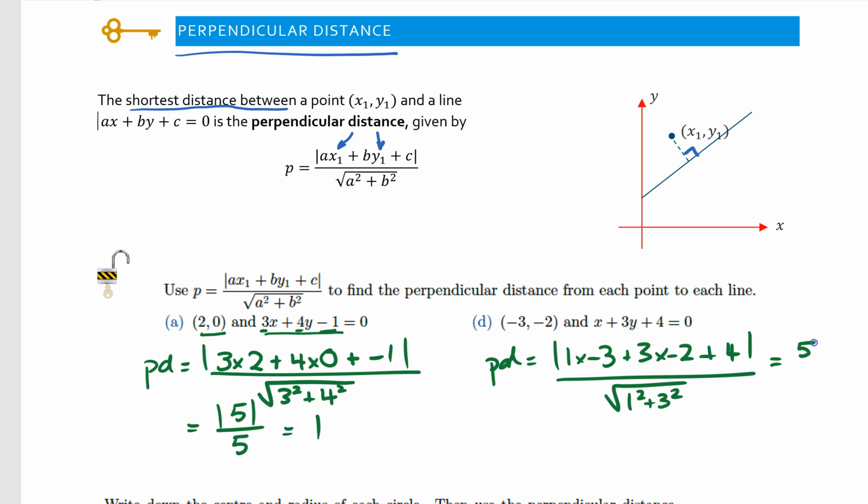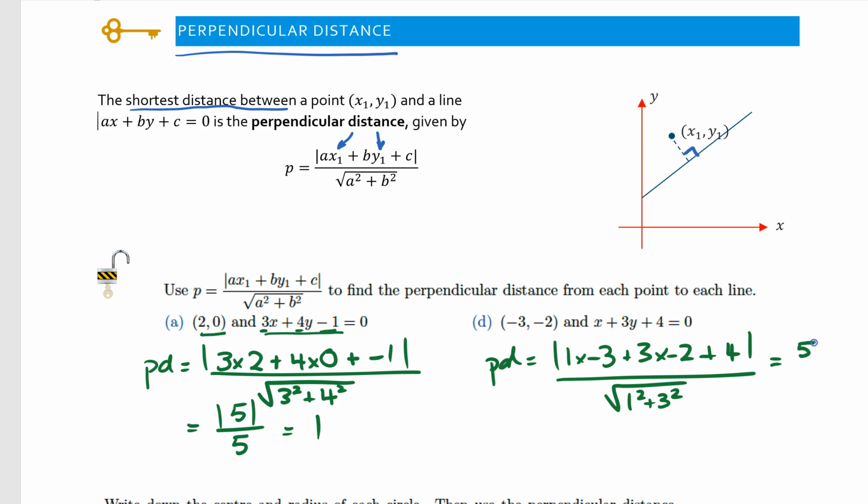So that will be A, which is 3, times x1. Now the point we're interested in, as we said, is the centre of the circle. So it's 3 times 1 plus b, which is minus 1, times y1 plus c, which is minus 8. Absolute value of that over the square root of 3 squared plus 1 squared.